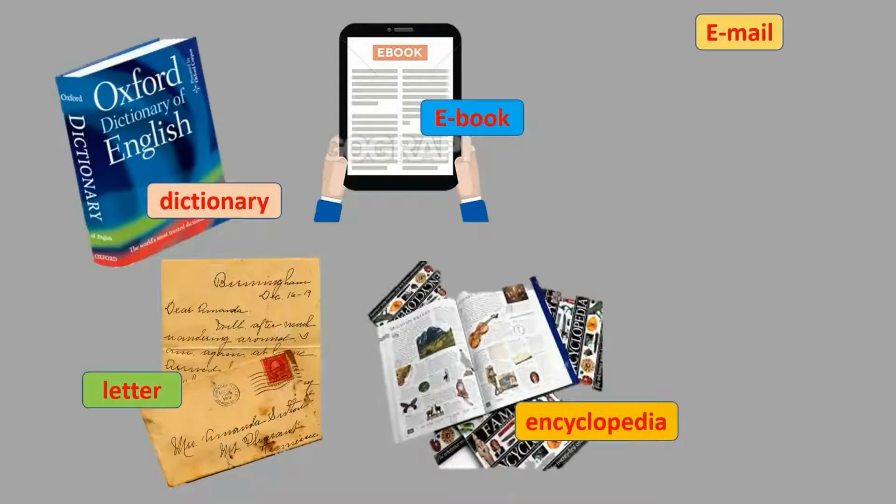Long time ago, we usually used the encyclopedia in doing research because there were no internet yet, no website. So we used the encyclopedia in doing research. If you want to know something, encyclopedia, E-N-C-Y-C-L-O-P-E-D-I-A.